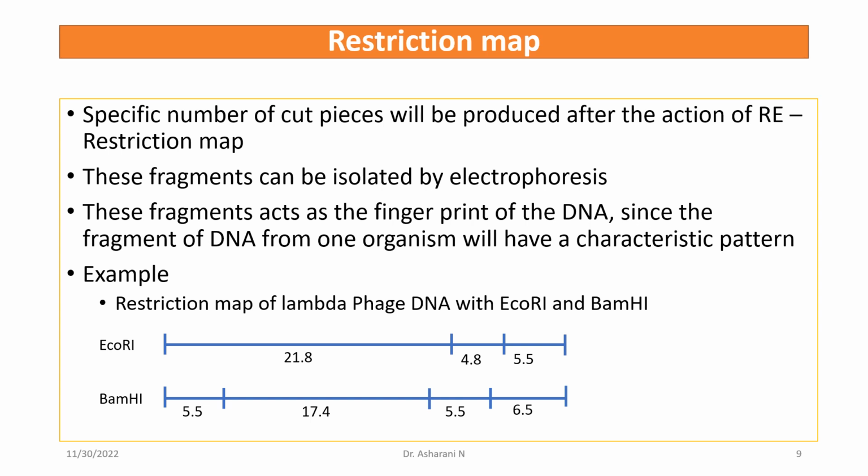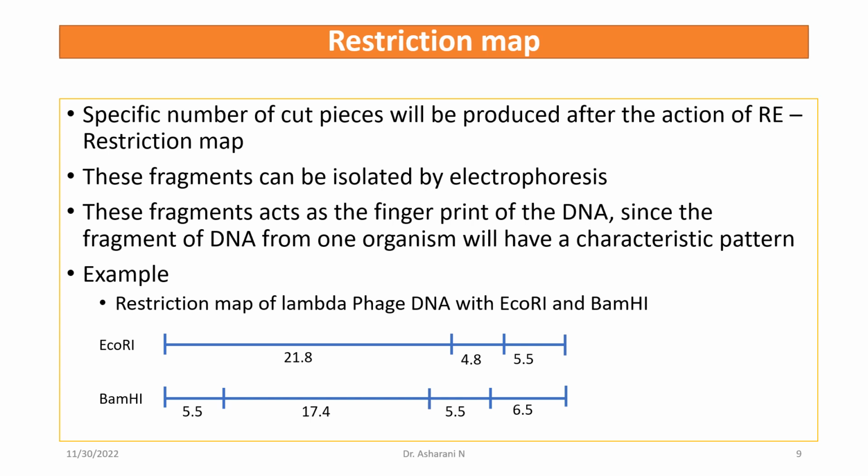When a segment of DNA from a species is made to react with a specific restriction endonuclease, a specific number of cut pieces will be produced. This is known as a restriction map, and these fragments can be isolated by electrophoresis.